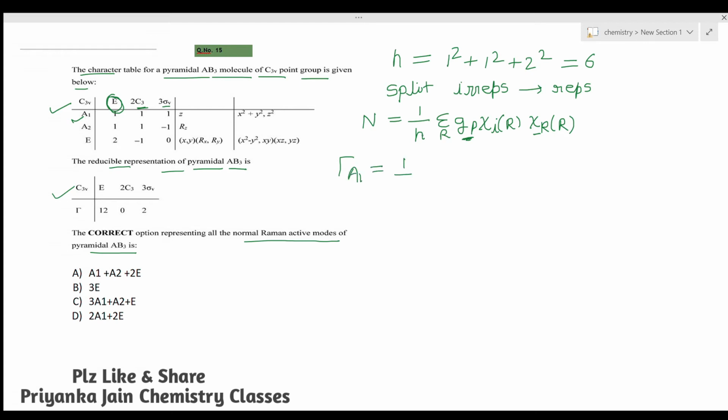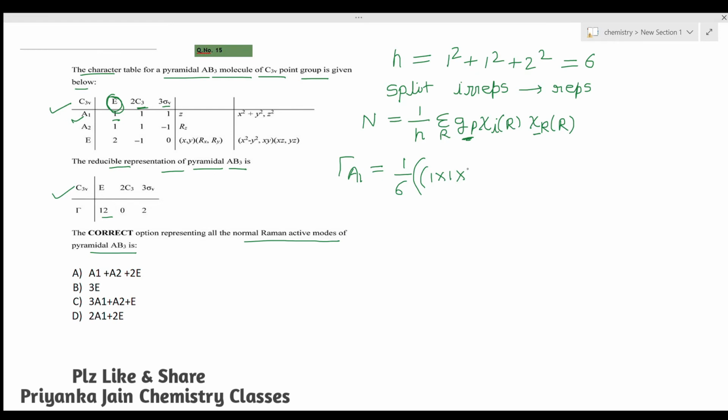So put here 1 upon h, which is 1 upon 6. Then we have to take the summation of all the terms. Firstly take this one: here g_p's value is 1, so 1 into 1 into 12, where the value is 12.